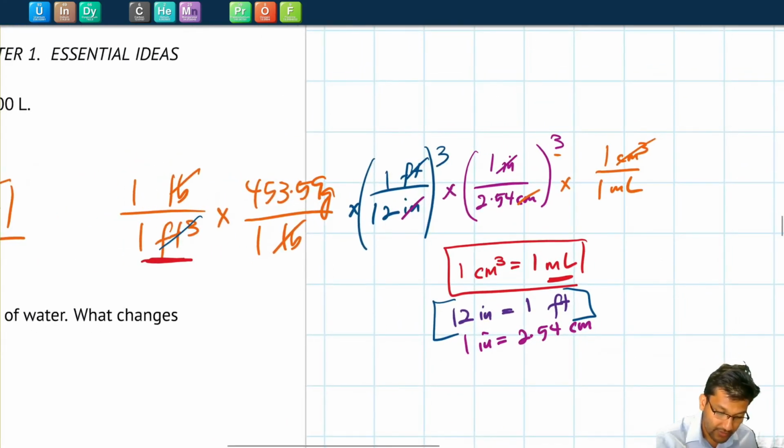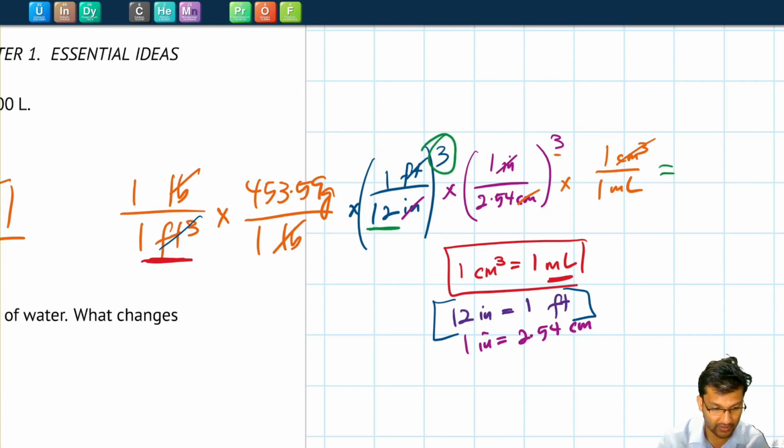Now all we need to do is punch these numbers in our calculator. To summarize, we convert pounds to grams by using that conversion. Then we convert feet cubed to inches cubed to centimeters cubed to milliliters. We punch all of these numbers in our calculator: 453.59 times 1 cubed times 1 cubed on top, divided by 1 times 1 times 12 cubed.